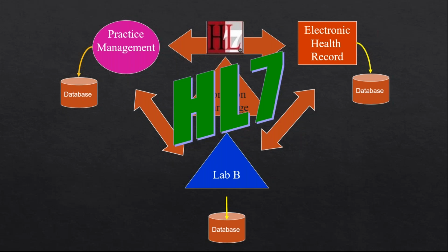As HL7 is a common language, that HL7 message will be consumed on the EHR side, understood and interpreted by the EHR, and the data will be inserted into the database.